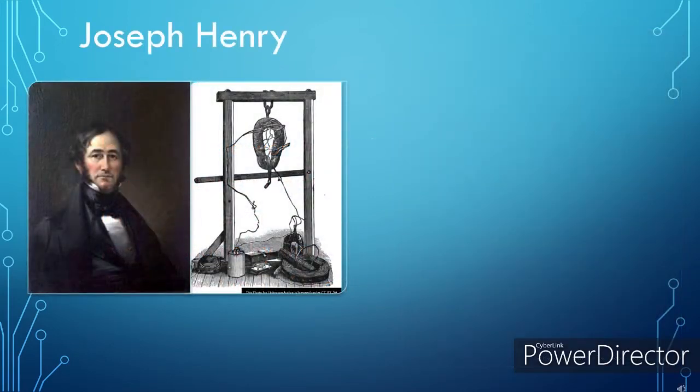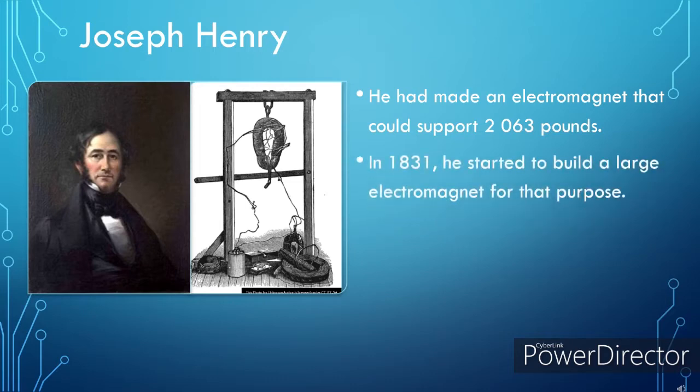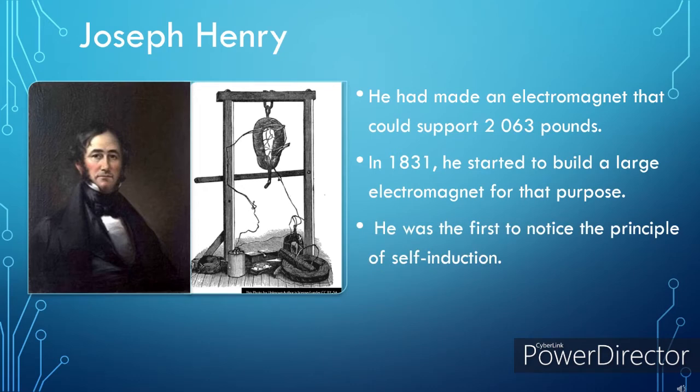He made an electromagnet that could support 2,063 pounds, a world record at that time. He also searched for electromagnetic induction, and in 1831, he started to build a large electromagnet for that purpose. He was the first to notice the principle of self-induction.